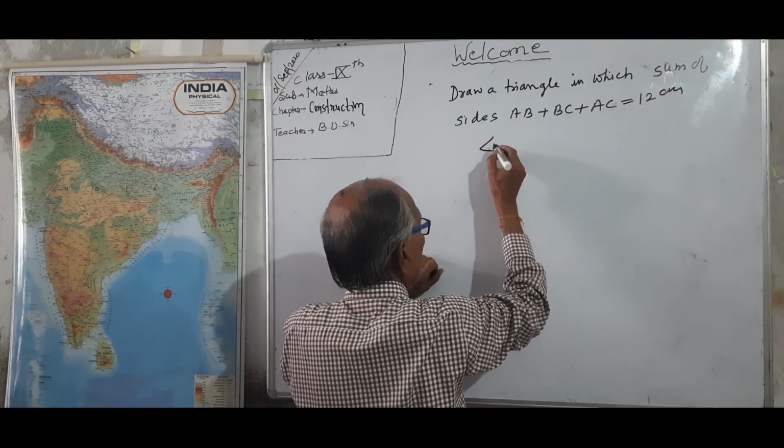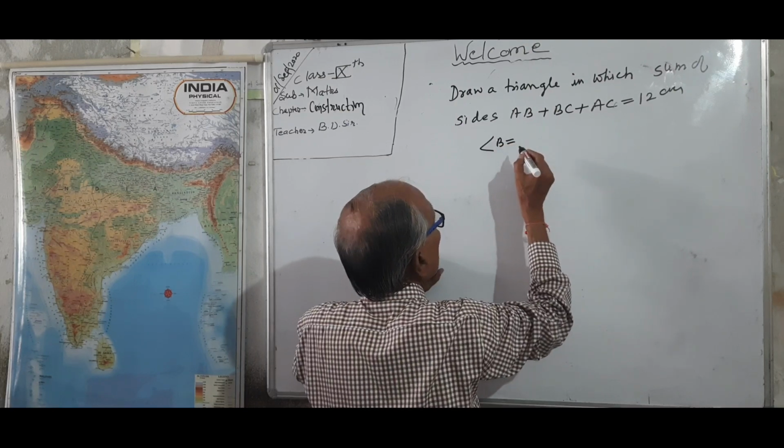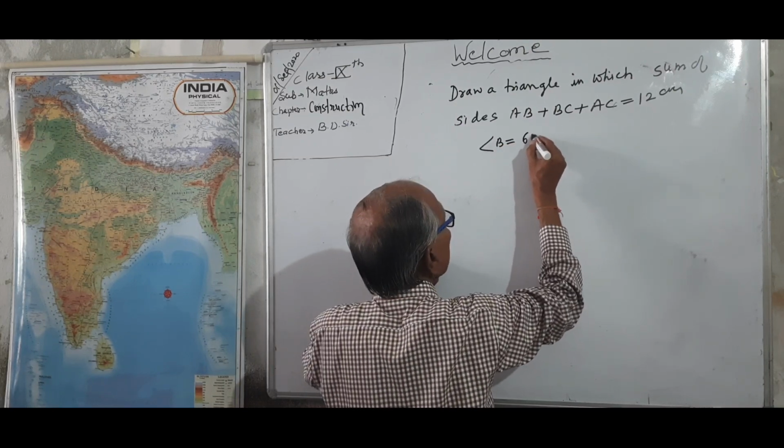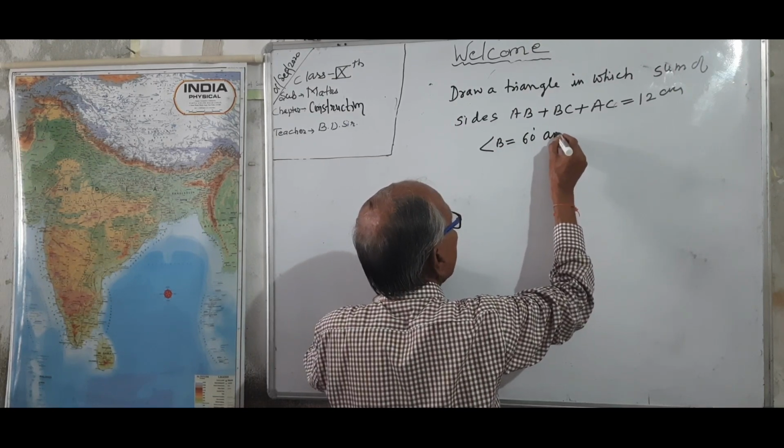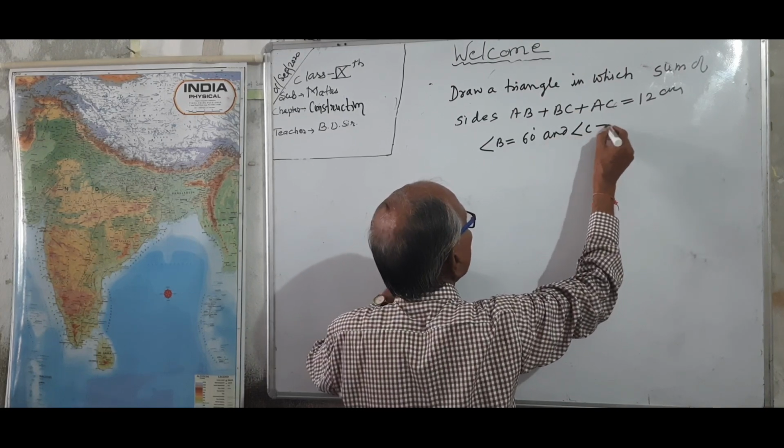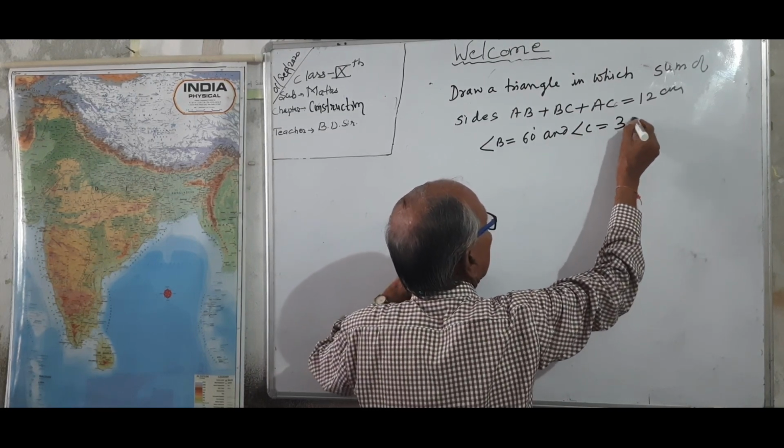Angle B will be 60 degree and angle C is equal to 30 degree.